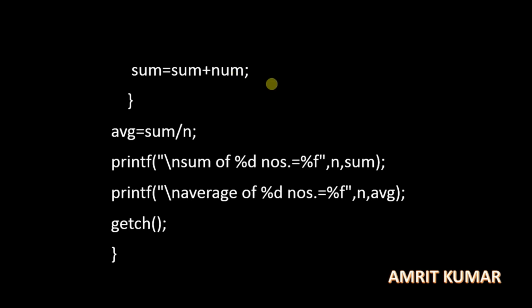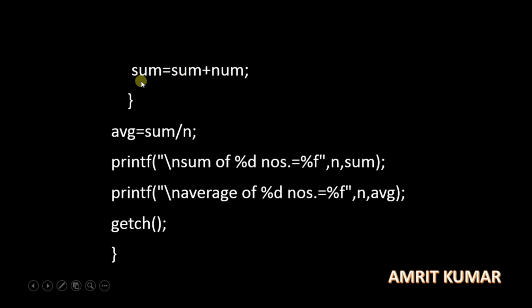So suppose it is 5. The num value is 5 given by the user, so 0 plus 5 is 5, and it is going to be stored here. And suppose again the user entered a num value of 10. Then the sum value, which was 5, plus 10 is 15.